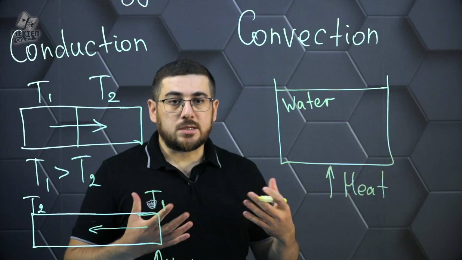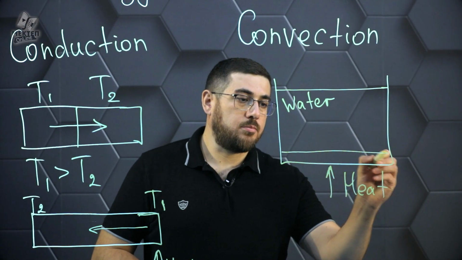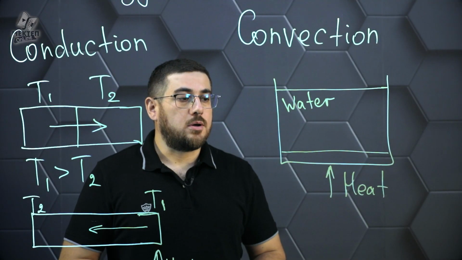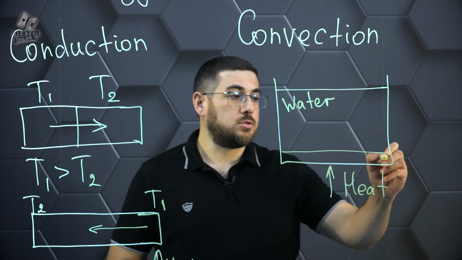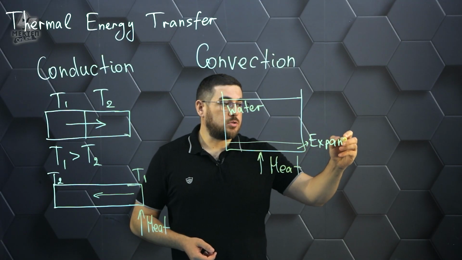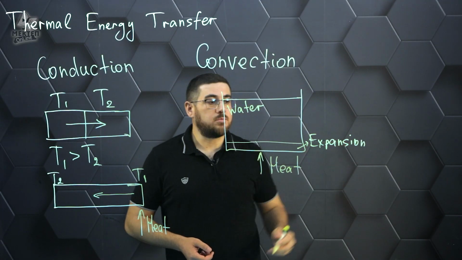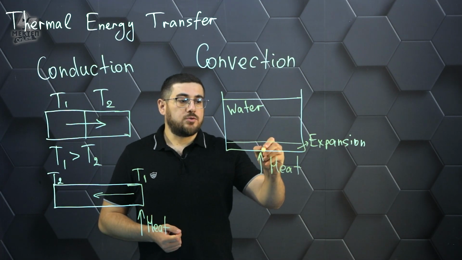Well, you and I know very well by now that when the lower layers start to get energized, as the temperature rises, those layers begin to expand. So that's exactly what's happening. It's the phenomenon that we talked about in the last lesson, the thermal expansion of the fluid, where the volume starts to increase.